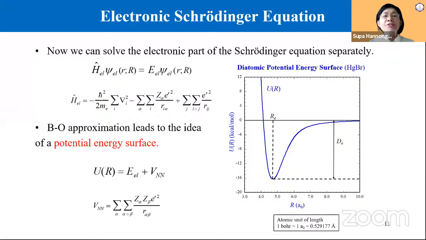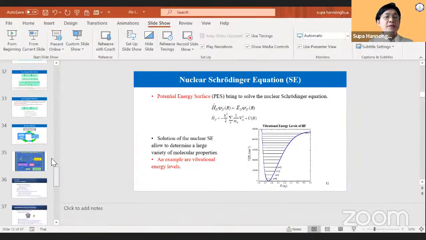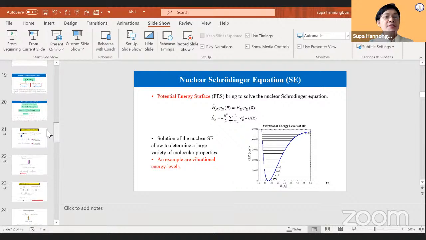Later on, we can easily solve only the electronic Schrödinger equation. You can see that H psi equals E psi. You have only the wave function that represents electron, right? And also you can have the nuclear wave function. I hope this helps the students a little bit.